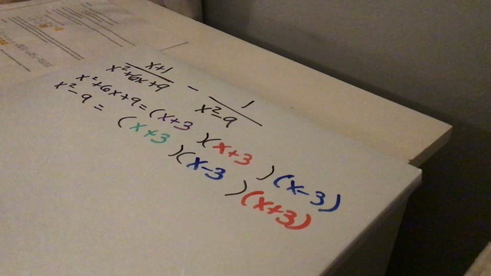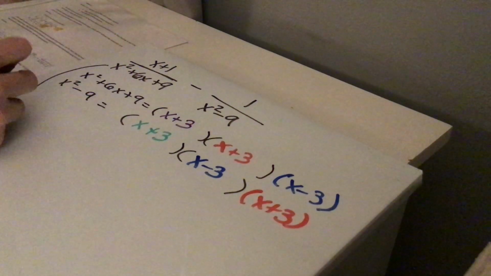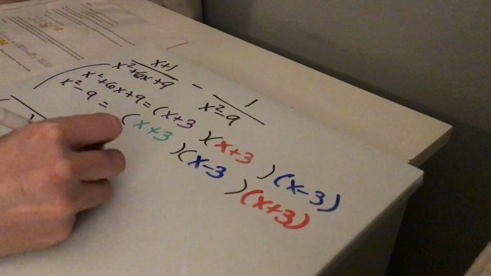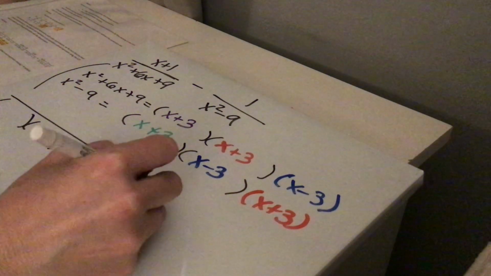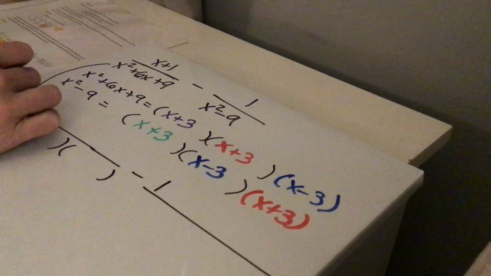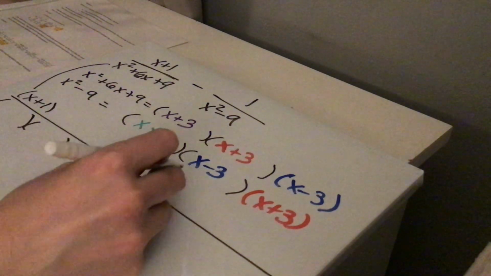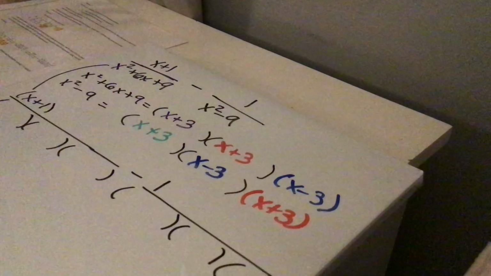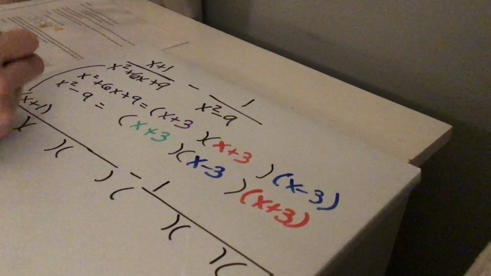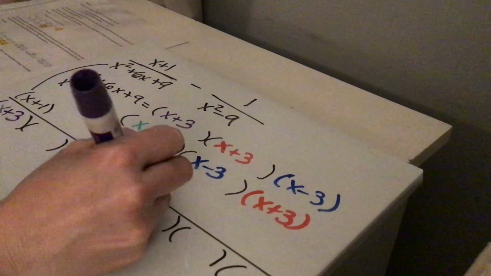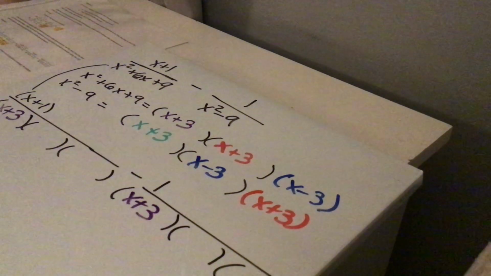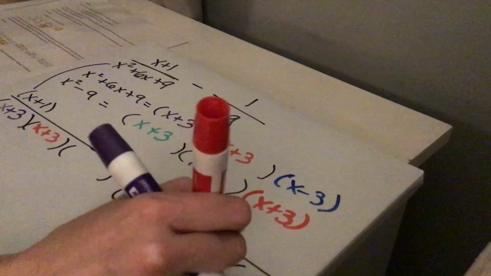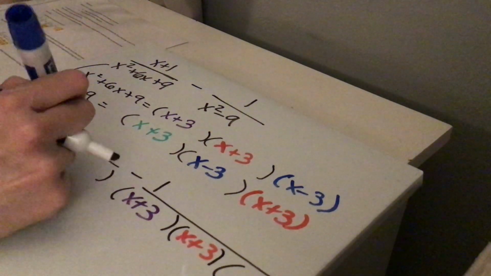Okay, so when it comes back up to the original problem now, we still have x plus 1 in the numerator and 1 in the numerator over here. So our least common denominator is (x plus 3) times (x plus 3) times (x minus 3).